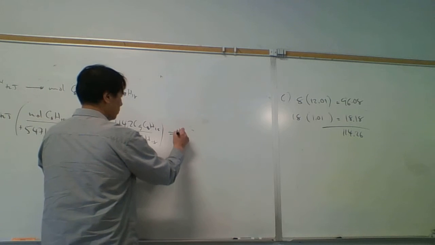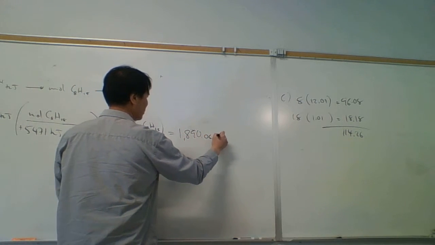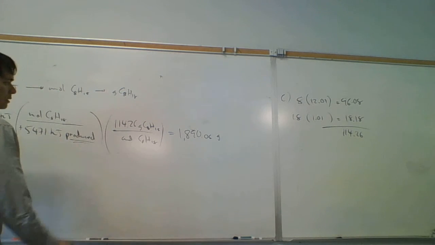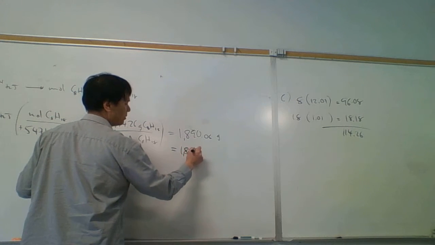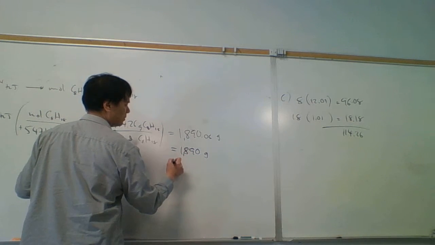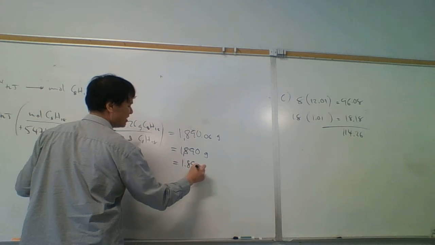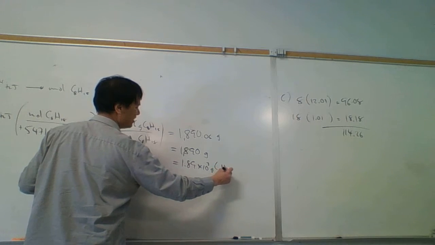That's 1,890.06 grams. How many sig figs am I allowed? It's like 3 sig figs. So I could just say 1,890 grams, or I can convert it to scientific notation: 1.89 times 10 to the 3rd grams of octane, C8H18.